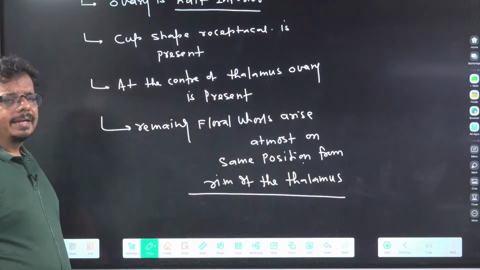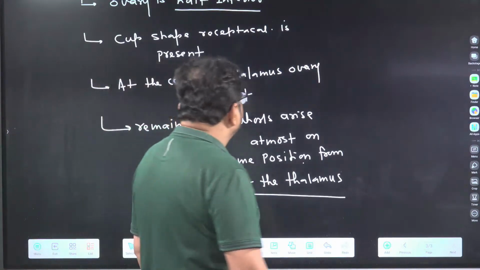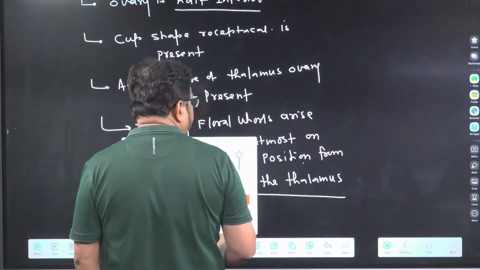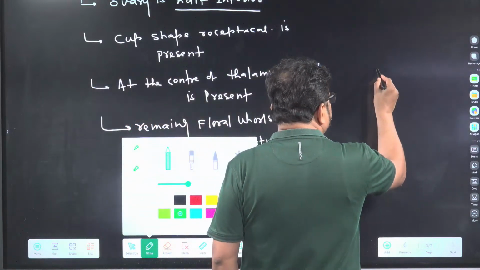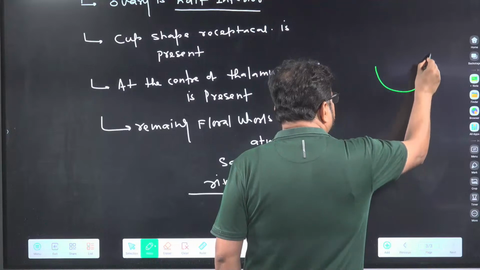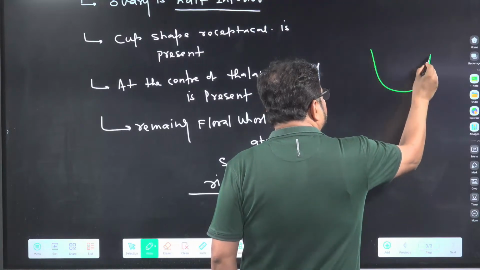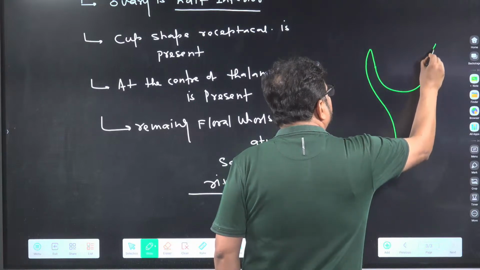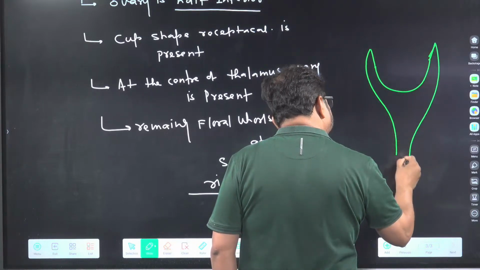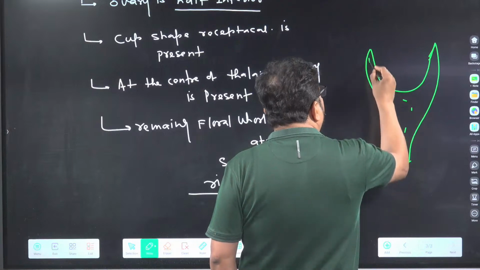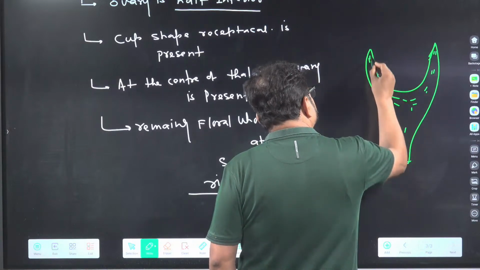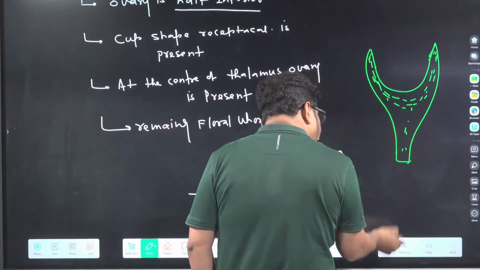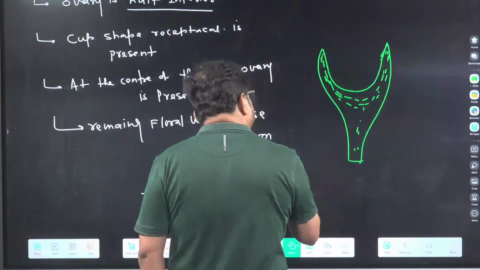Let me draw a diagram, then clarity will come. Have patience. Look here. I am drawing the thalamus. And the lower, expanded part is the pedicel.